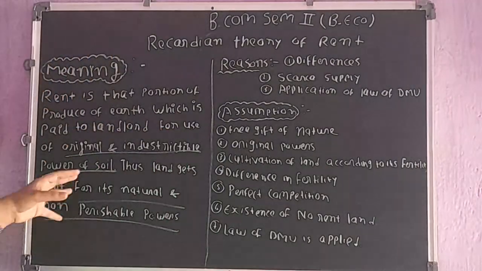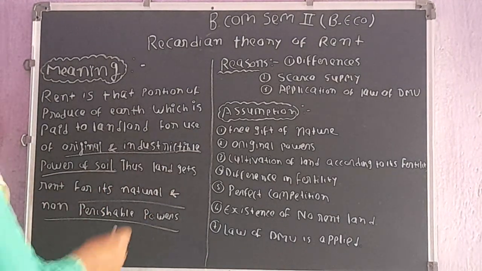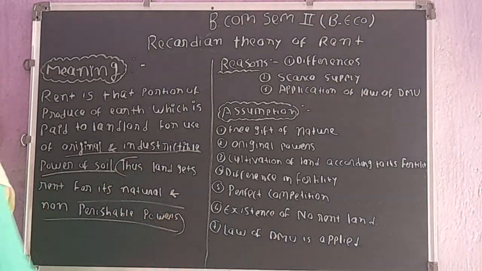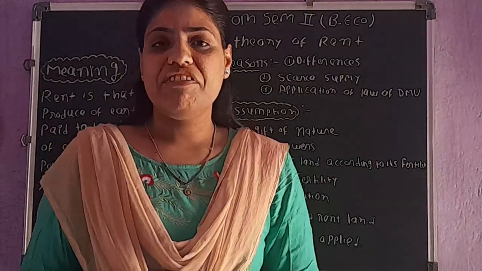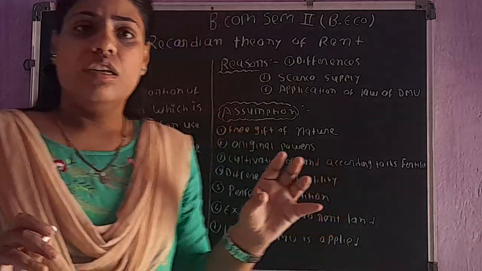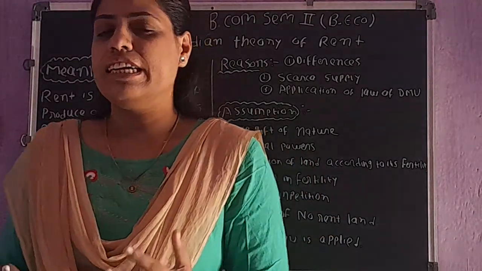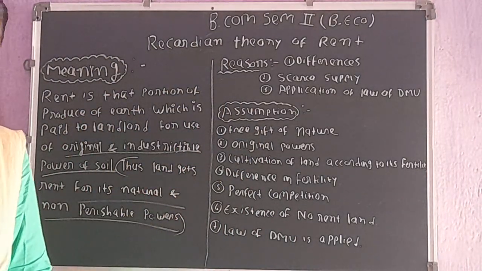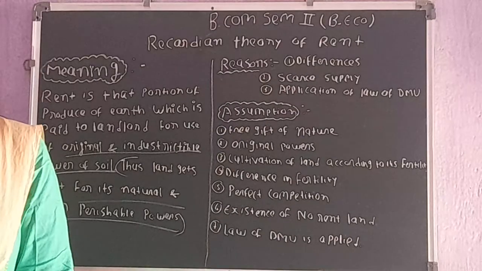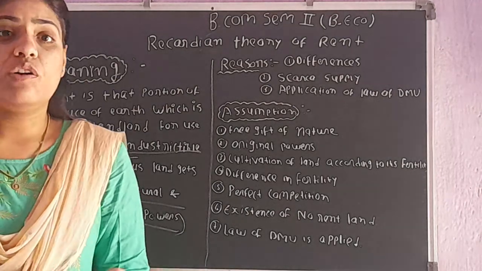He says that land gets rent for its natural and non-perishable power. According to Ricardo, land could not fetch any rent if it did not have natural and non-perishable power like fertility. It has those powers with differences, and that is why different pieces of land fetch different rent.